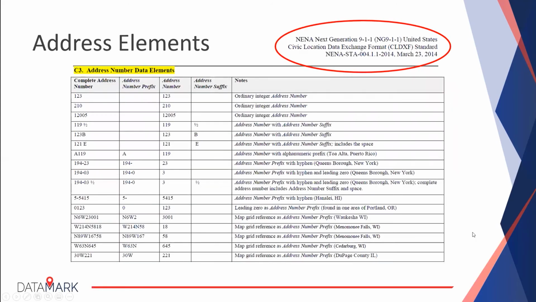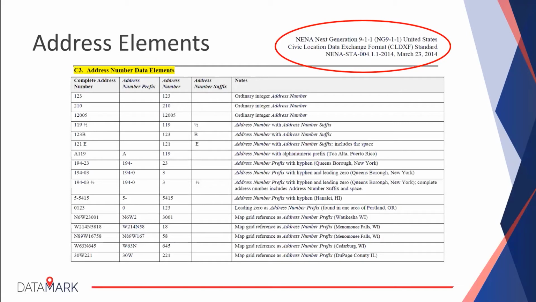Next, some examples of these elements. And I want to point you to what we have circled in red here. The Civic Location Data Exchange Format Standard is another NENA document, NENA-STA-004, that is useful not only because it is the location conveyance format for the PIDF-LO, the Next-Gen 911 location object, but also because it's chock full of great examples of how you would go about implementing address number elements, street name elements, and other legacy elements to get them to work with the CLDXF.